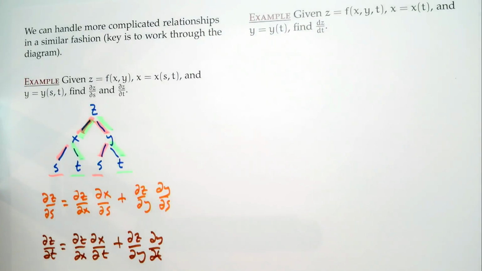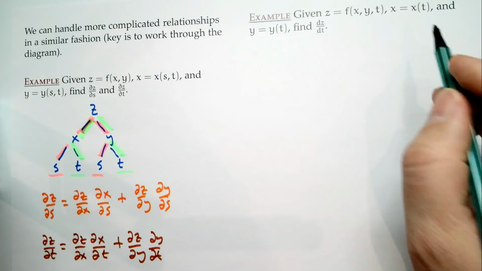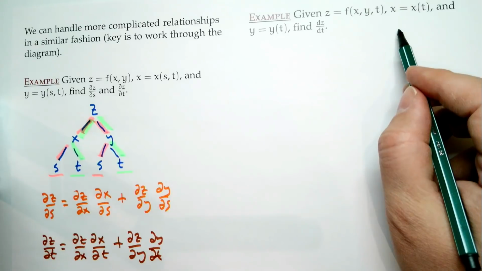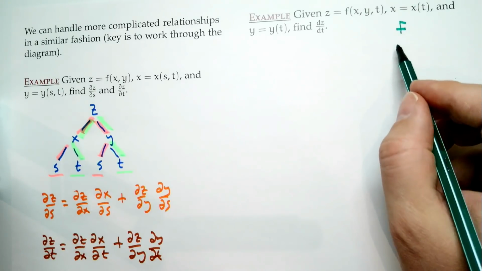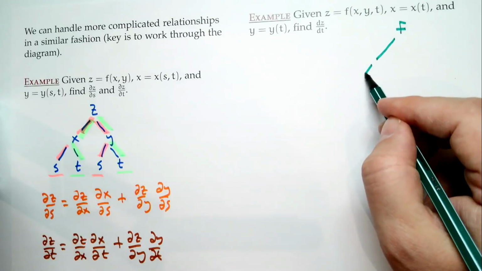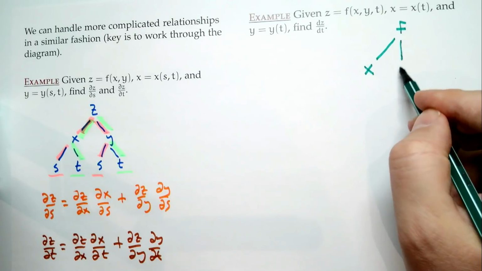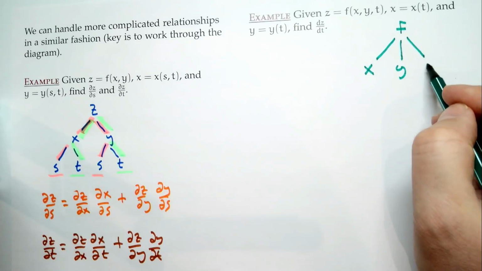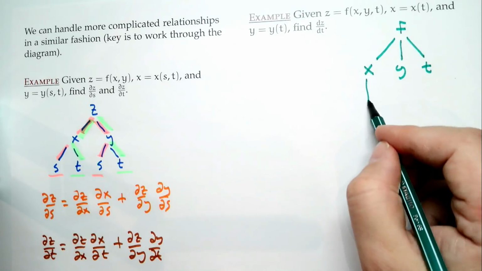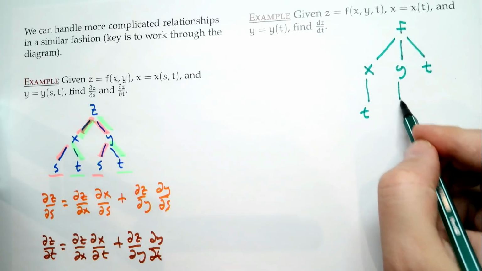Suppose you have z is f of x and y and t, and then x and y are also functions of t. So let's be a little bit careful here. I'll write f now, so I don't confuse. F depends on x and y and t, but x depends on t and y depends on t.